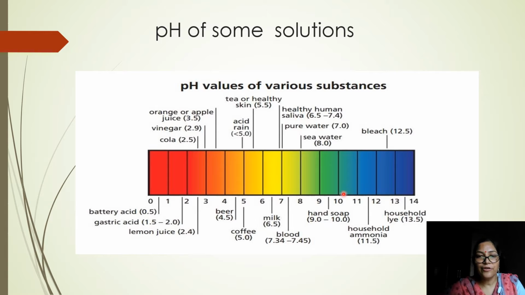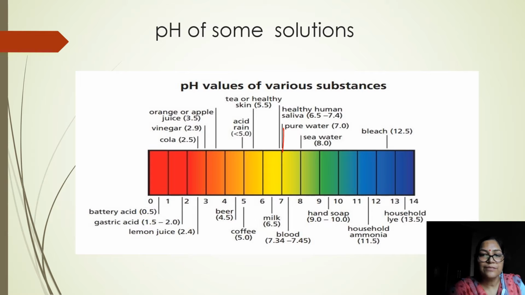Here are some substances, and in the brackets their pH values are given. For example, tea has a pH value of 5.5. Acid rain pH value is greater than 5. Healthy human saliva pH value is 6.5 to 7.4. Pure water, this pure water is very important.